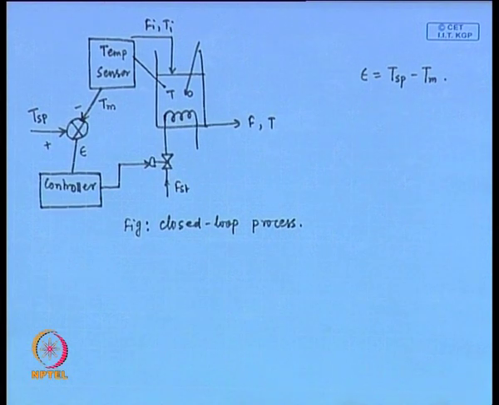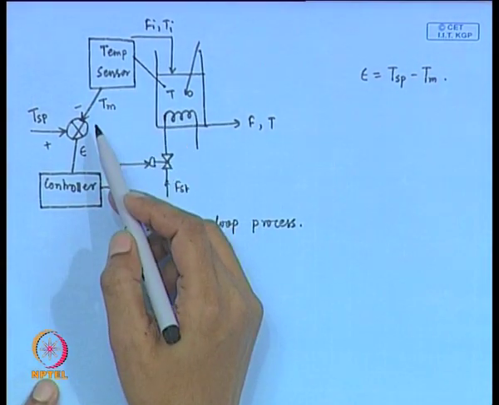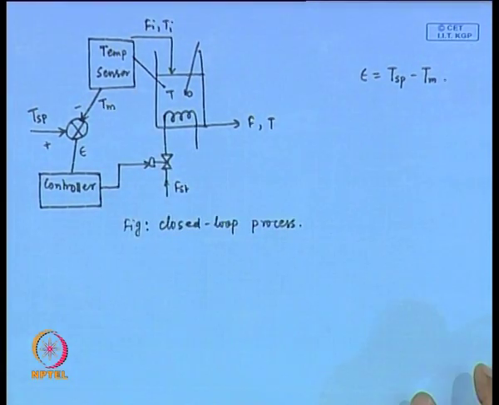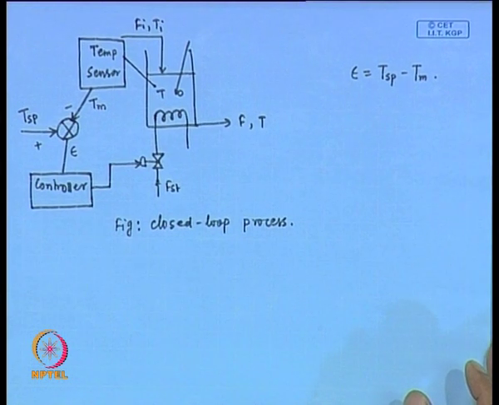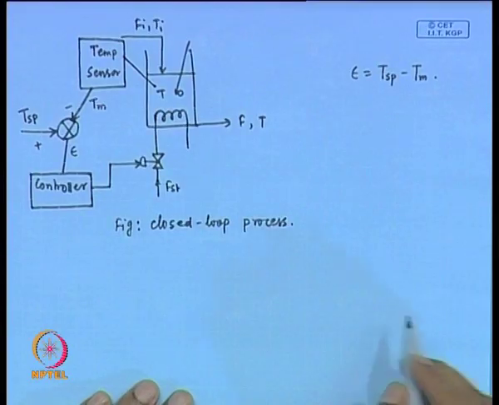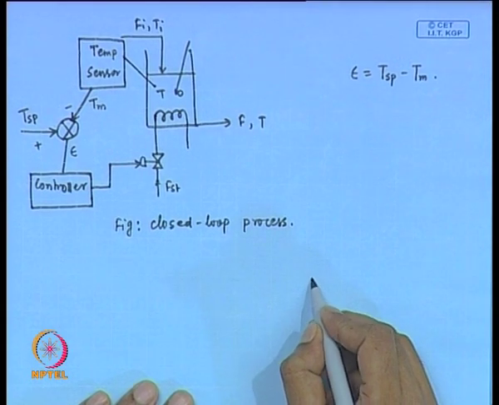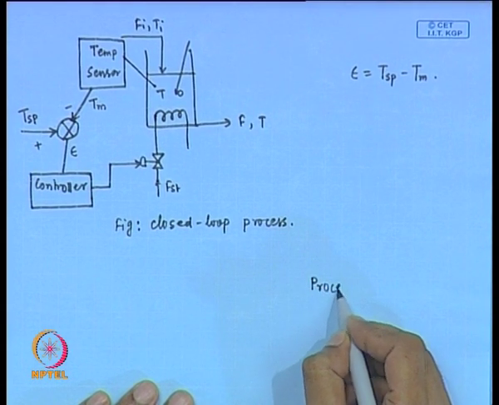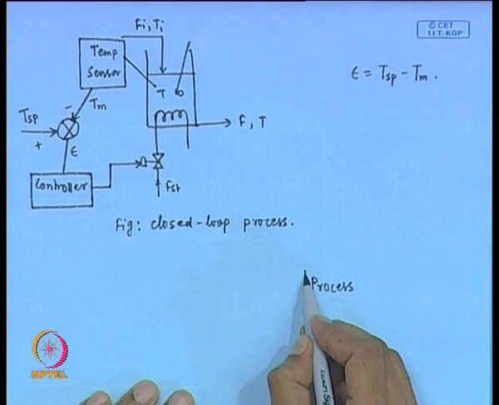By the introduction of the controller, the loop is closed. Fine. Now, in the next we wish to develop the block diagram for this closed loop process. So, we will consider a block for a process.